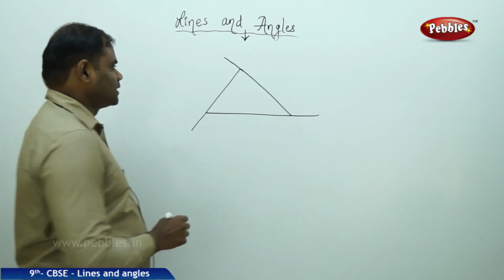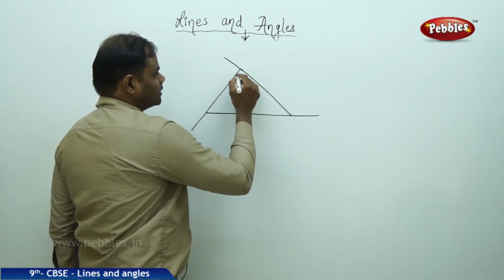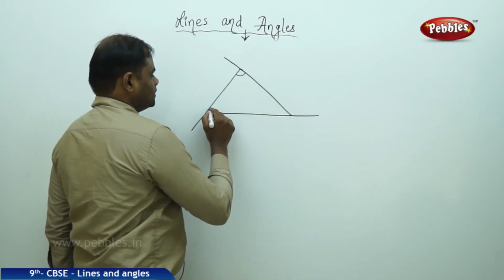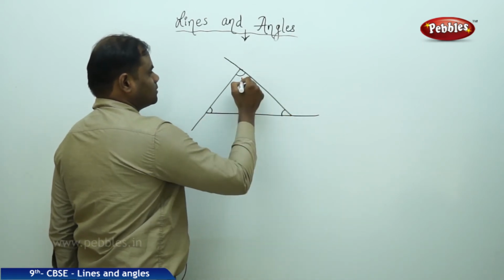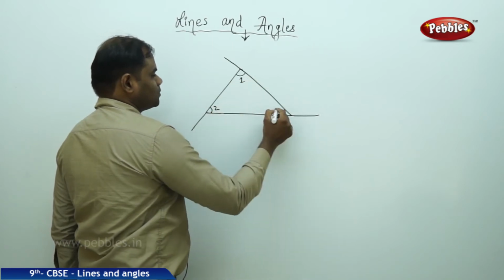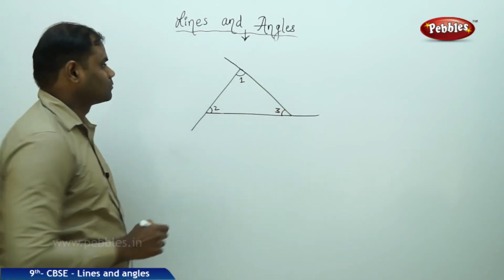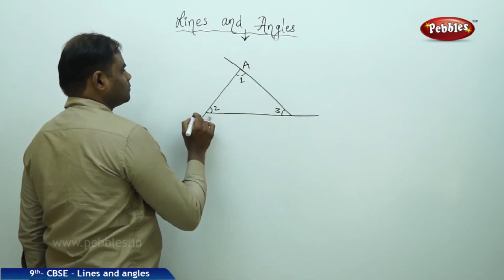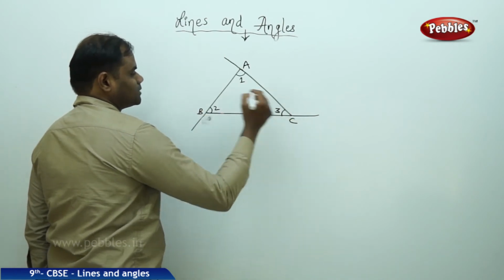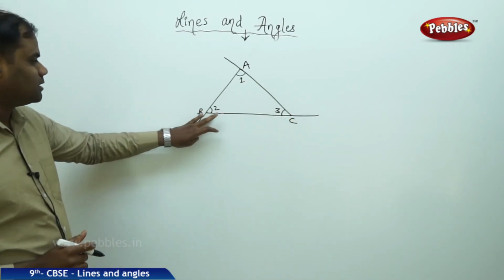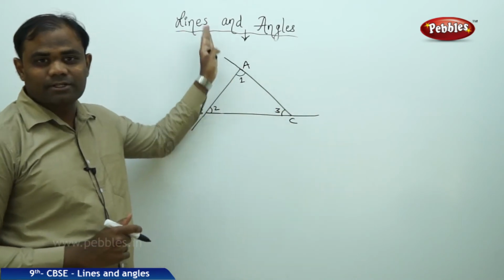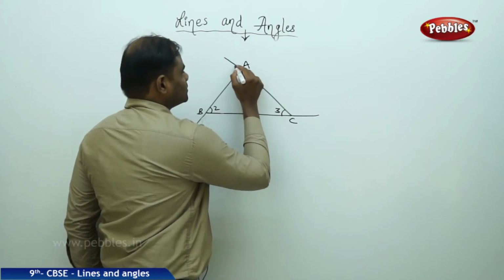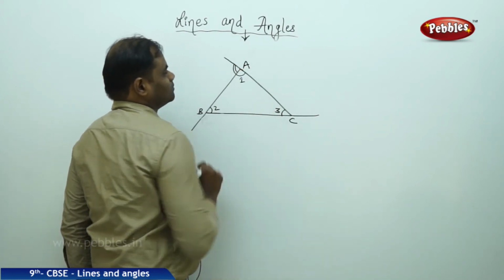Then clearly I see that there are different types of angles, say this, this and this. Let me denote them by 1, 2 and 3. The triangle A, B and C. Now, as can be clearly seen here, if each of the sides of the triangle is extended, I have the other set of angles which we have out here.